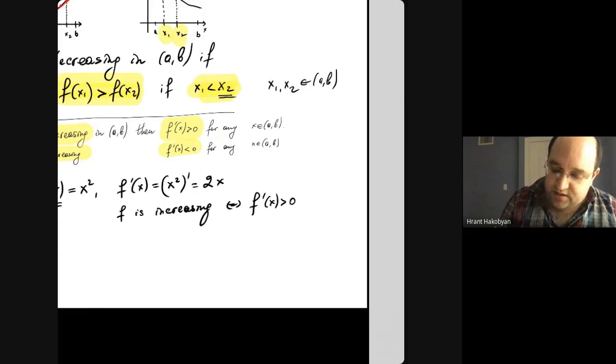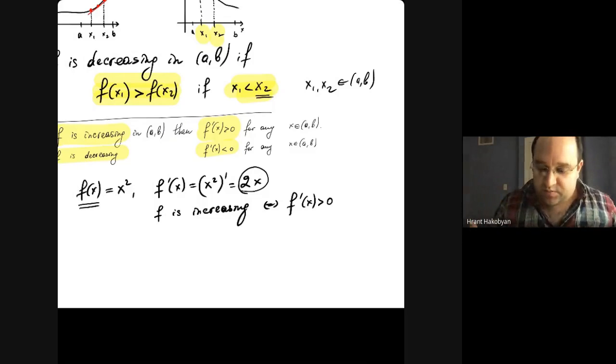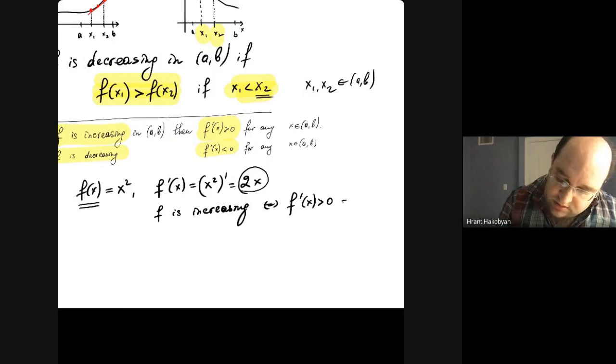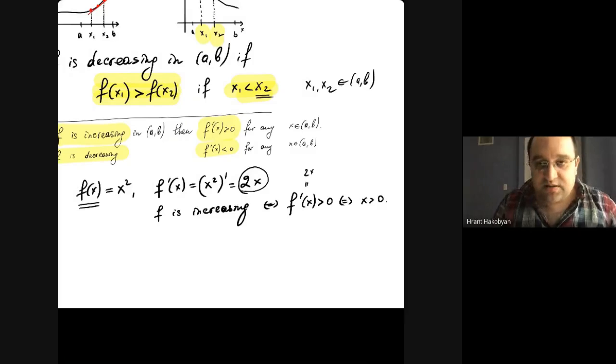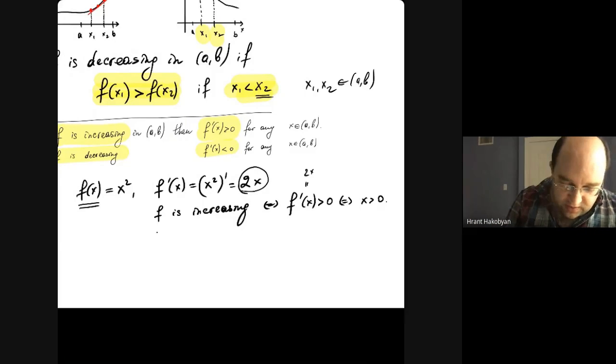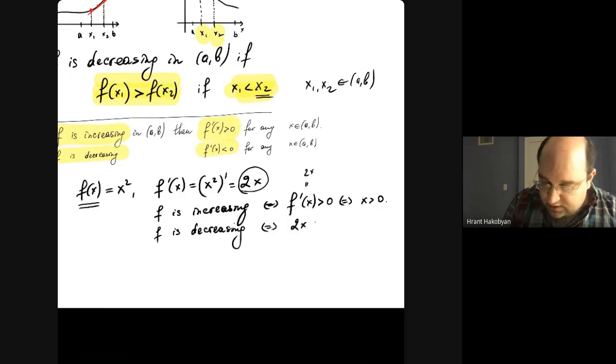Well, where is it positive? What is the derivative? That's my derivative, 2 times x. 2 times x is positive whenever x is positive, because f prime of x is 2x. If a number is positive and you multiply by 2, it's still positive. And the same thing, f is decreasing is the same thing as 2x is negative, which is the same thing as x is negative.